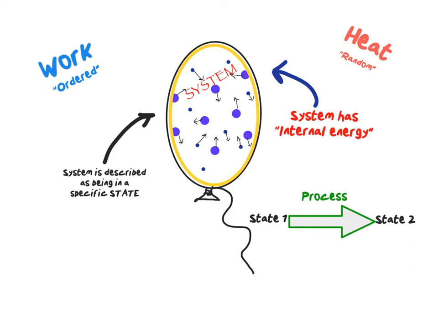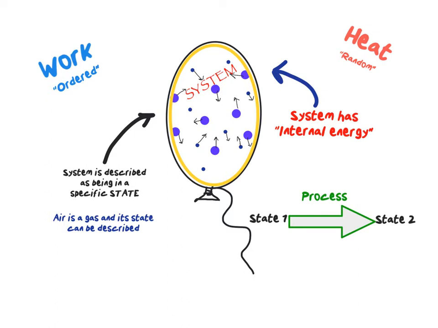So while this air in the balloon is still a gas, it can exist in many different states as a gas. It can also exist in many different states as a liquid if we're able to compress it enough. What we want to focus on is that the states can be changed by processes.